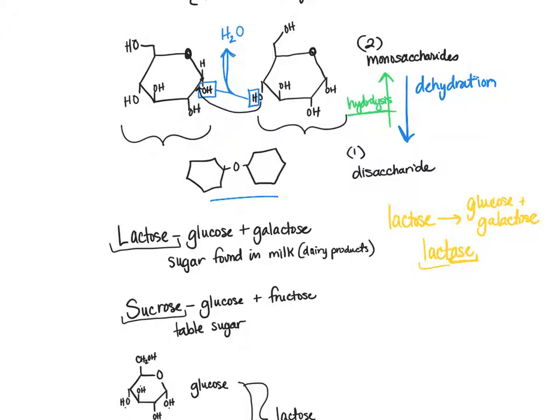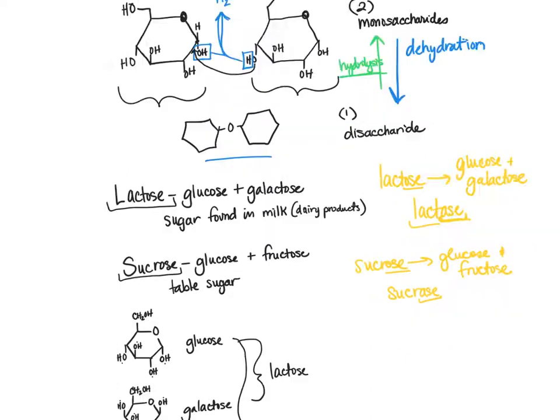So lactase is the enzyme that breaks down lactose. Similarly, if we want to take sucrose and break it down into glucose and fructose, the enzyme that's going to do that is sucrase. So again, -ase. So if we're breaking down our disaccharides into our monosaccharides, we're using the enzymes lactase and sucrase.